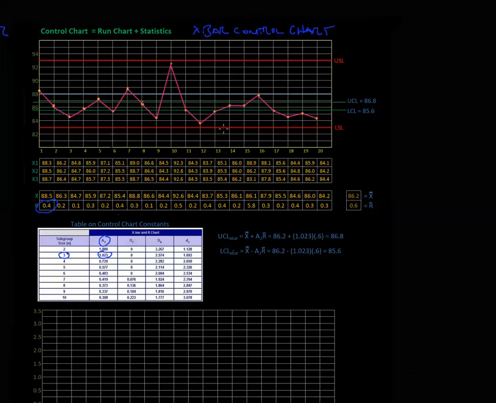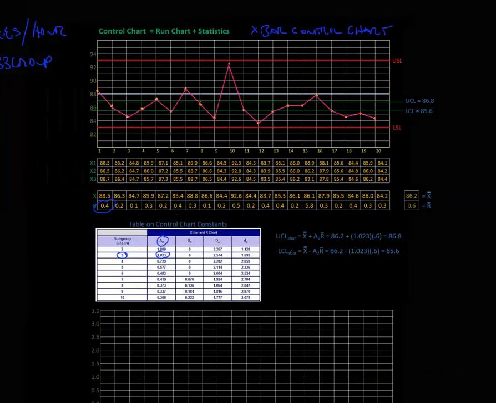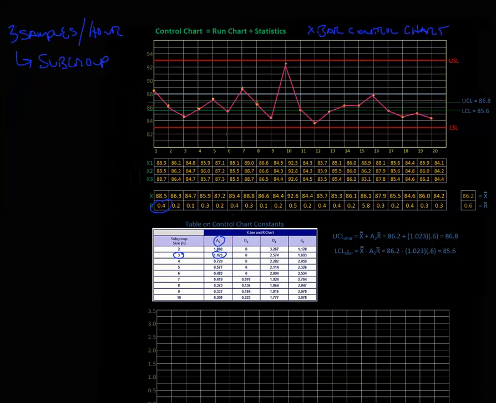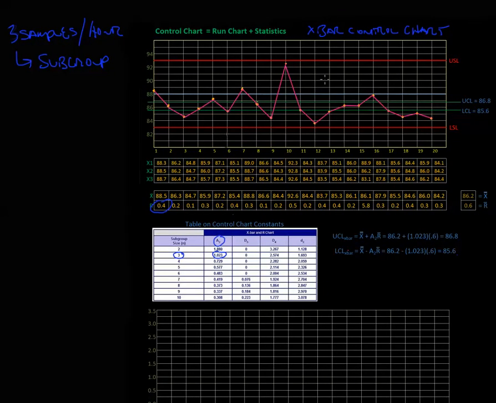And by looking at this chart, we can say, no, it's not. The variation from sample to sample, or subgroup to subgroup, is much larger than the variation within the sample. Okay, so we can basically say, by looking at this, that this process is out of control. And there's reasons for that. It may be that the type of variation we're seeing here is not related to the process.